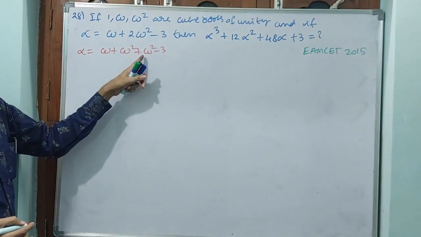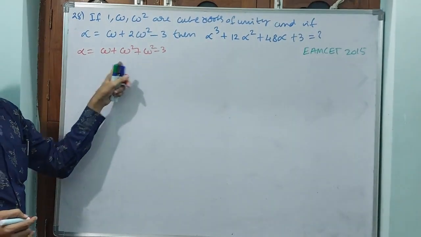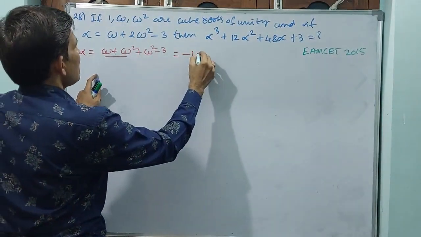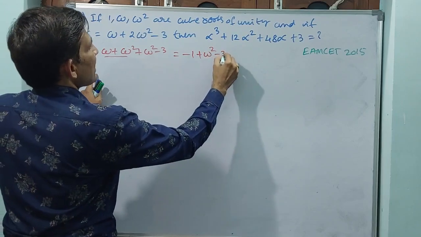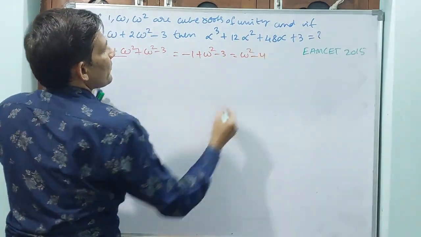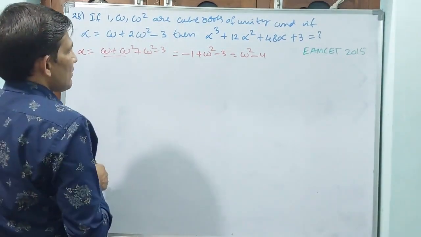Why? Because omega square plus omega square is 2 omega square, minus 3. But omega plus omega square value is minus 1, so minus 1 plus omega square minus 3, that is equal to omega square minus 4. Logic is here.